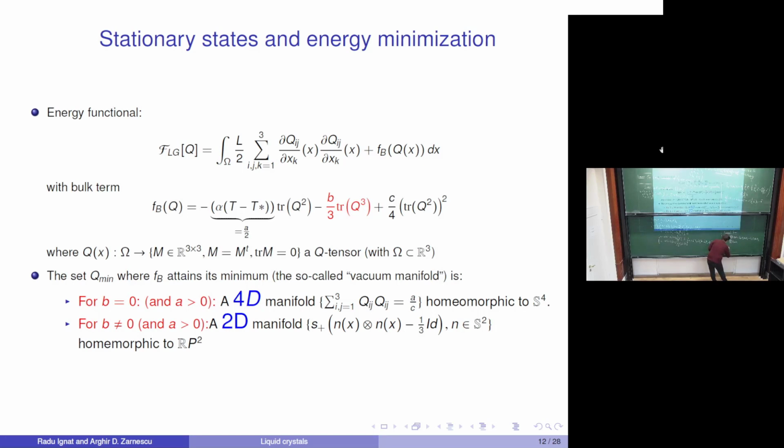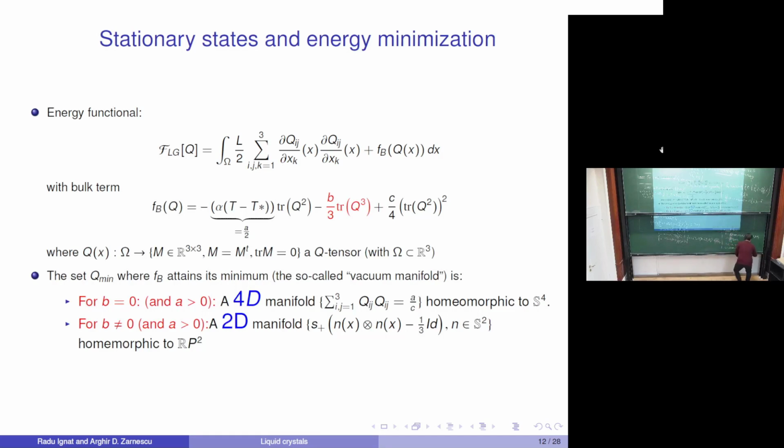If you now say that lambda 1 is equal to lambda 2 is equal to lambda, then you also have that lambda 3 is equal to minus lambda 1 minus lambda 2, so minus 2 lambda, and you plug it in there, and you see that Q is lambda E1 tensor E1 plus lambda E2 tensor E2 minus 2 lambda E3 tensor E3. But you know that the sum of these is the identity.